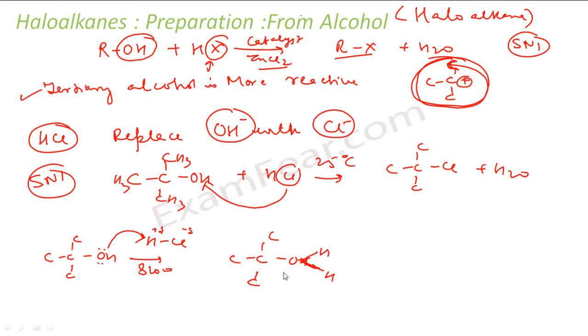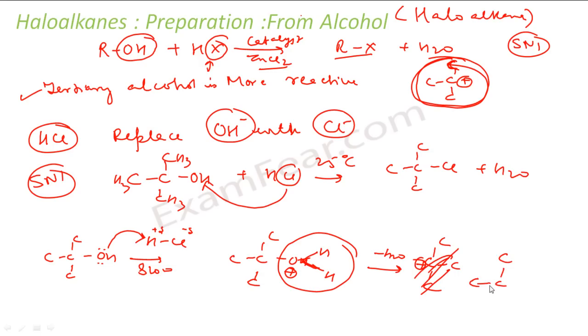Oxygen will have a positive charge, so this whole thing, this water, will come out. You remove water from this and you get this carbocation. I drew it in this fashion, it should actually be the same, but I drew it so as not to confuse. This is a very slow process.